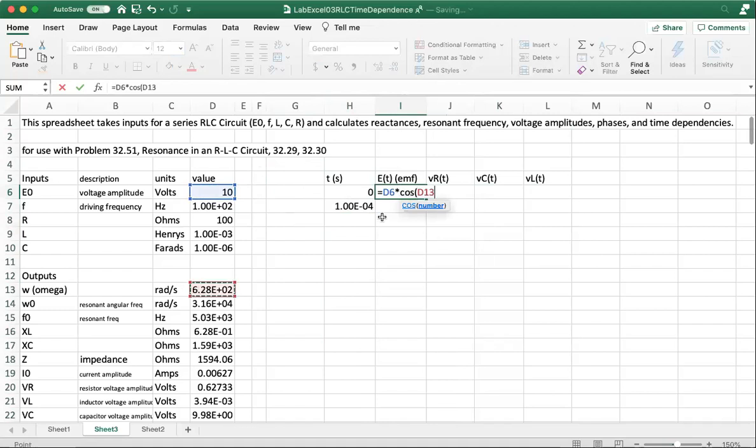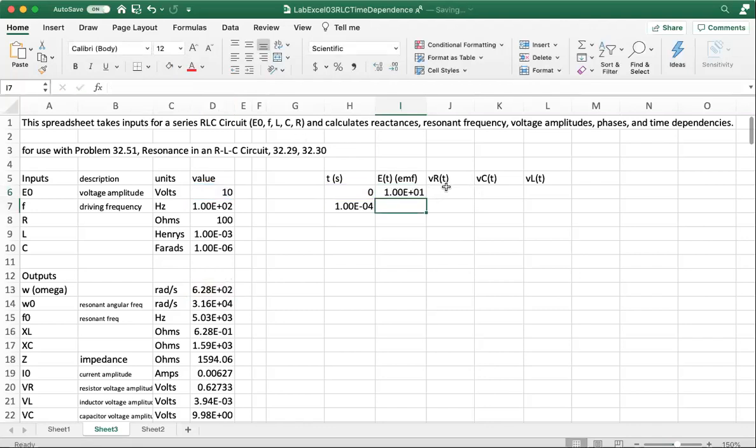So you've got your omega, and then the t is going to be the variable. Everything else needs to be dollar signed. So anything in column D is going to have to be dollar signed. Right. So that's our EMF.